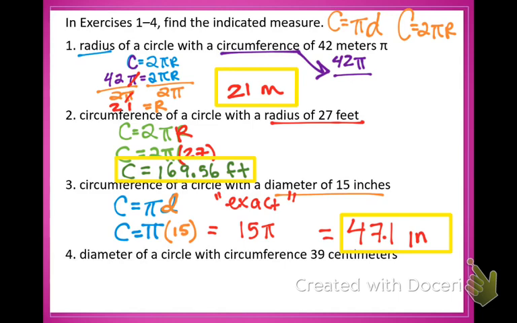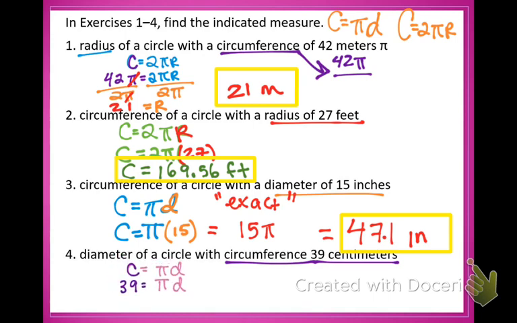All right, last, find the diameter of a circle with the circumference of 39 centimeters. So we use the same formula, pi times d, because we're looking for the diameter. All right, and then where are we going to plug in 39? For the circumference, C. So 39 equals pi times the diameter.